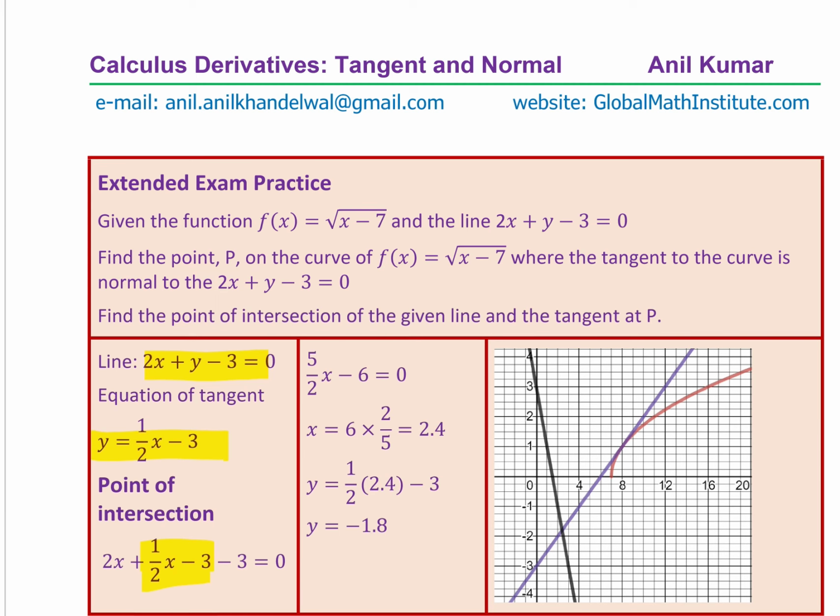Half plus 2 is 5 by 2 x, and minus 3 is minus 6. So we get 5 by 2 x minus 6 equals 0. Now solve for x: 6 times 2 over 5 gives the value 2.4. Substituting 2.4 in our equation, we get the value of y as minus 1.8. So that becomes the point of intersection.